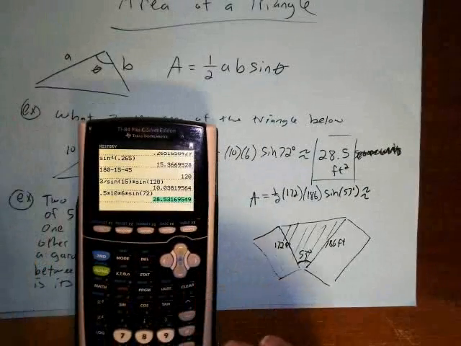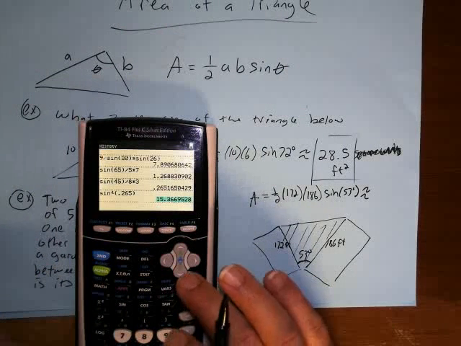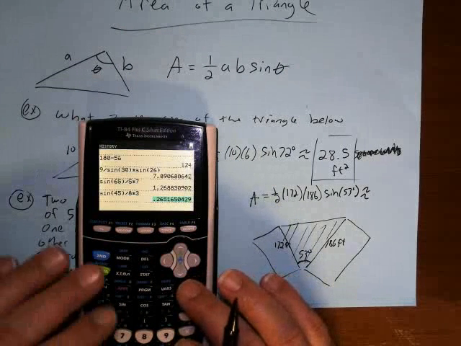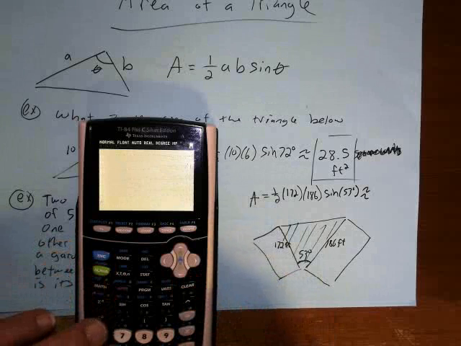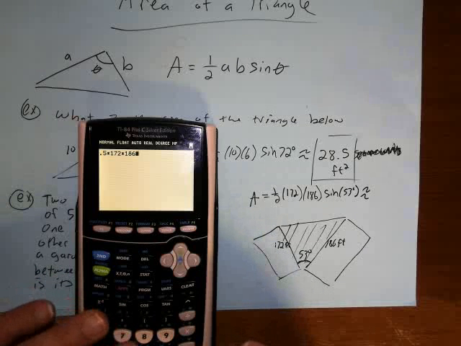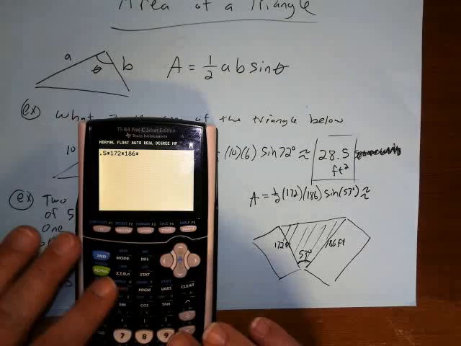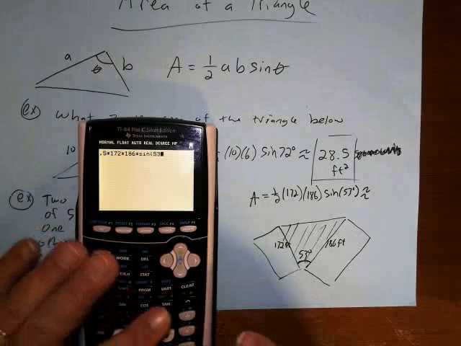And so let's figure it out. So 0.5 times 172 times 186 times sine of 53.